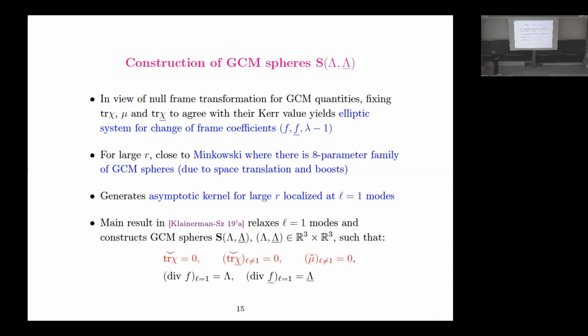And if I do this, I will have to start caring about Minkowski, because I'm in an asymptotically flat case. The spheres I wrote, this S of t, R, converge to the round spheres of Minkowski. So I have to understand how many of my magical spheres I have in Minkowski. And unfortunately, in Minkowski, there are more spheres. So let me write what I call GCM, general covariance modulated spheres, because it's the modulation due to general covariance.